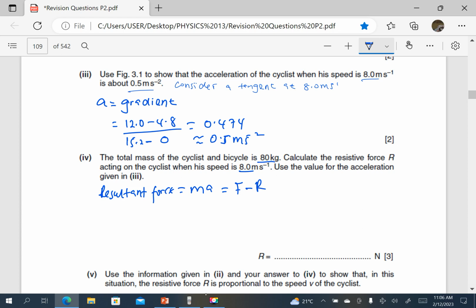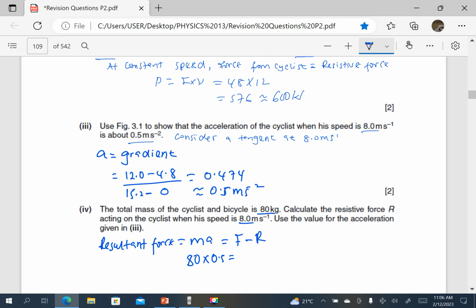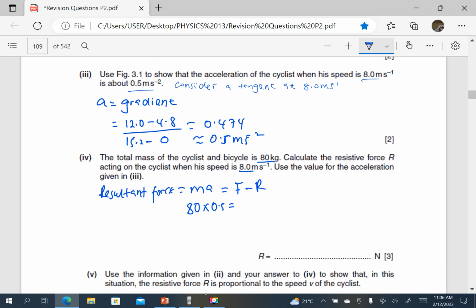So the resultant force is 80 times the acceleration, which is 0.5, and that is equal to the force from the cyclist minus R. We have already seen the force from the cyclist will remain the same. The force from the cyclist is the power divided by the velocity, which this time is 576 divided by the velocity, which is 8.